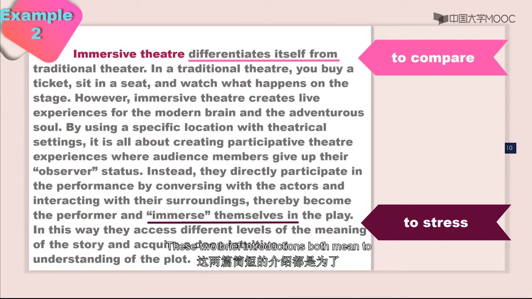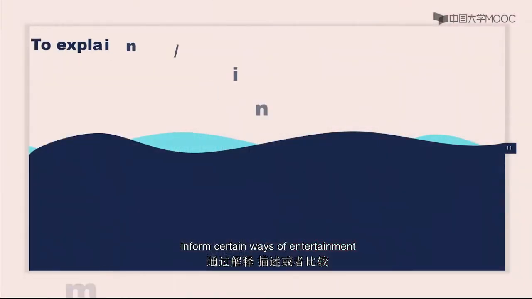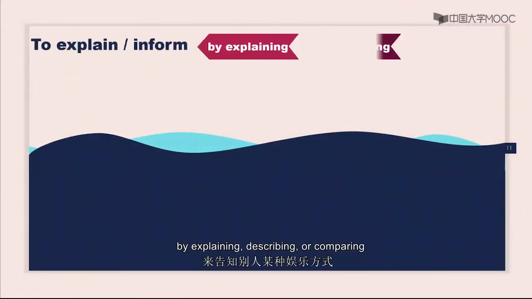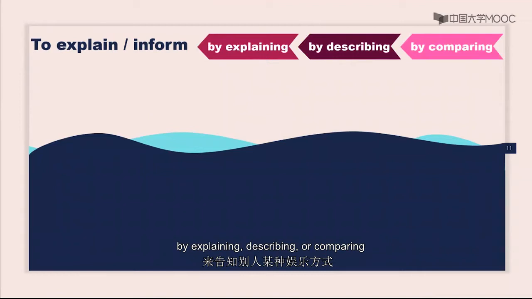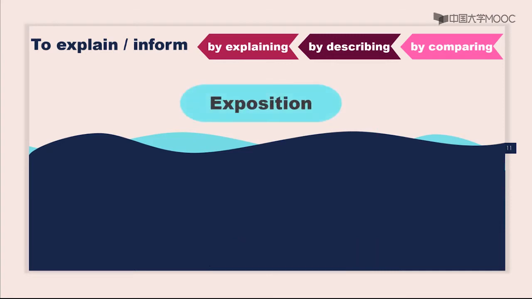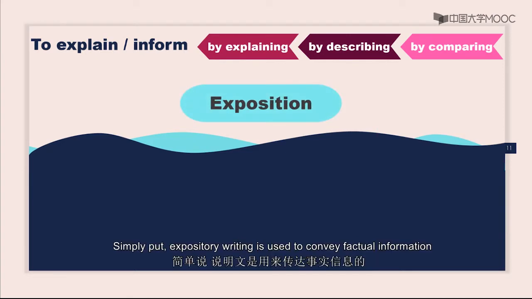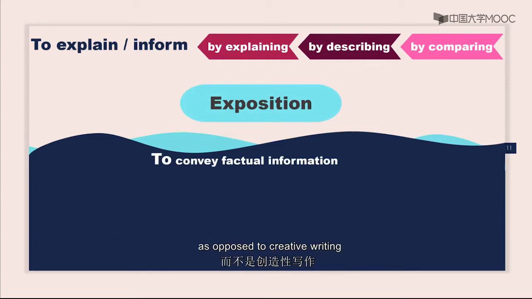These two brief introductions both mean to inform certain ways of entertainment by explaining, describing, or comparing. This kind of writing is also called exposition. Simply put, expository writing is used to convey factual information, as opposed to creative writing.